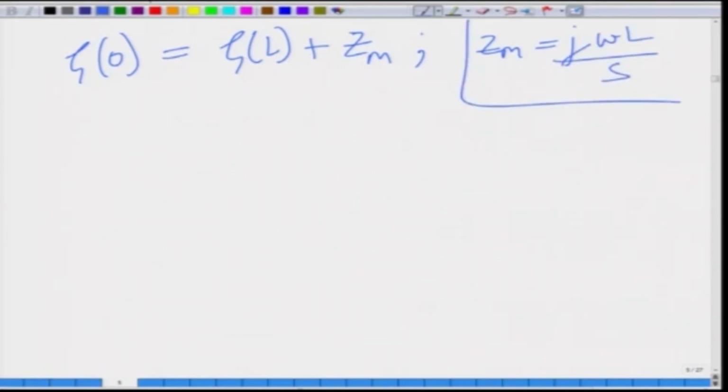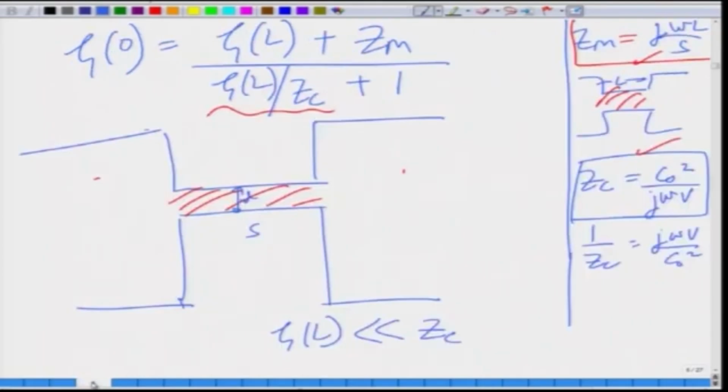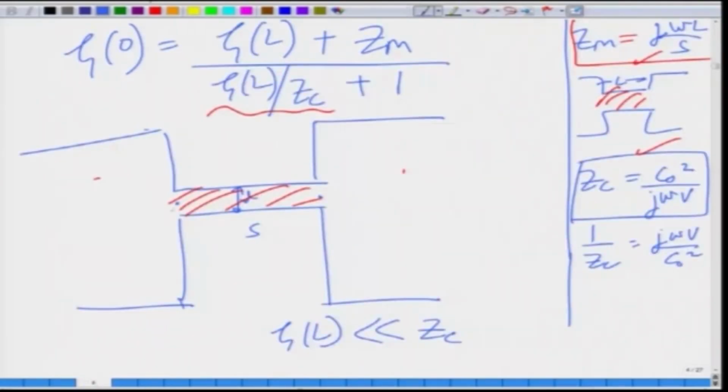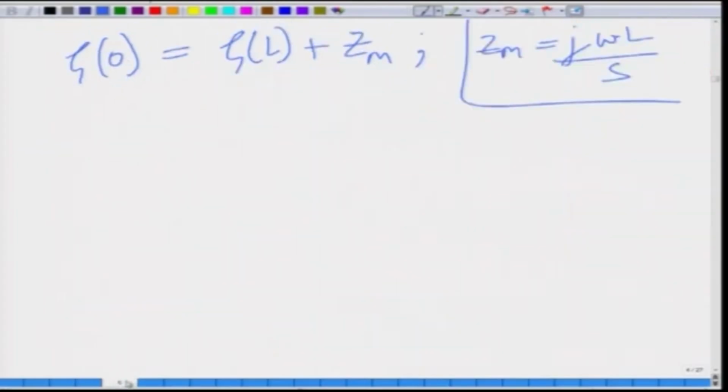What it means is that if we know beforehand what lies upstream and downstream of the tube, that is, a small tube sandwiched between two much larger cavities, then the impedance transfer between this point and this point is related to just the addition of the inertance. That is, the impedance at x equal to 0 is the impedance here plus the inertance of the tube at very low frequency.